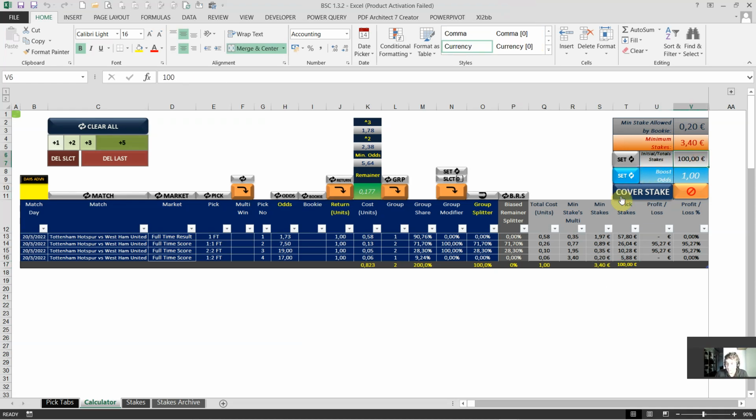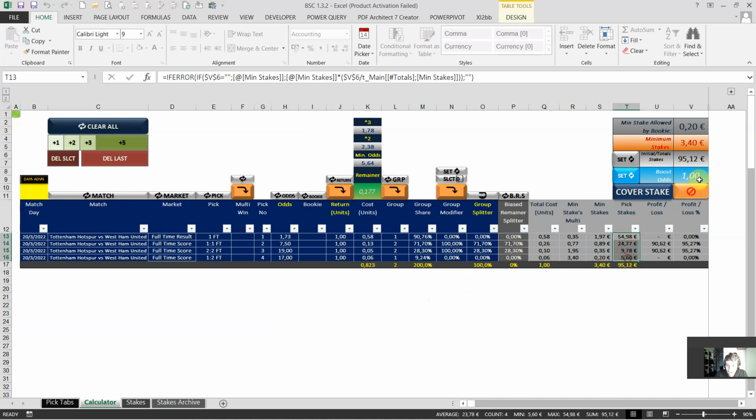So again, whatever your funds are, there's no other way to easily calculate how much of your total stakes is going to be on each of the selections in order for you to make your plan true.